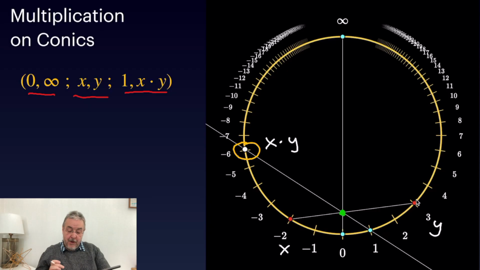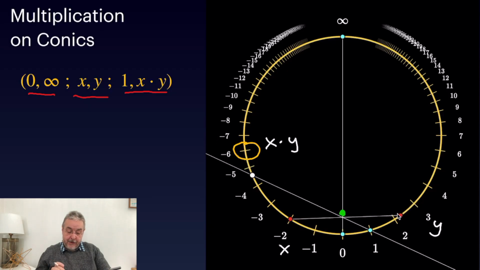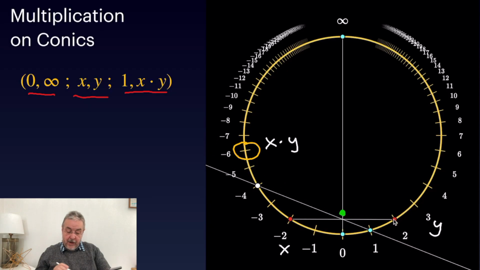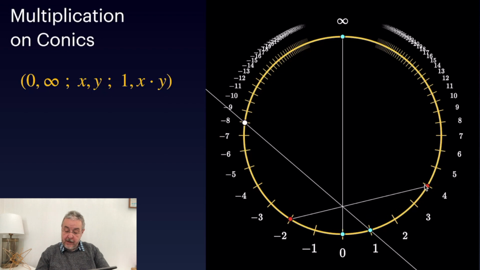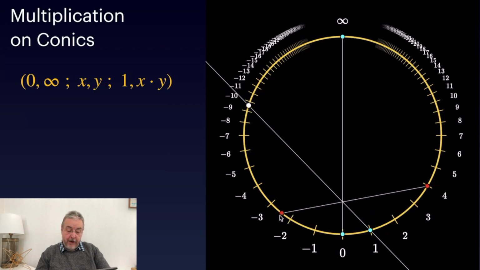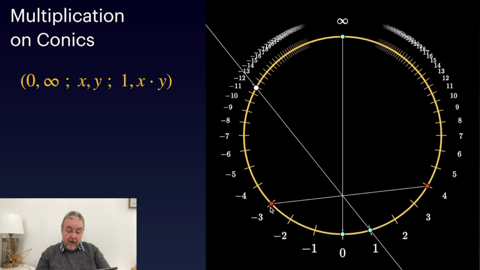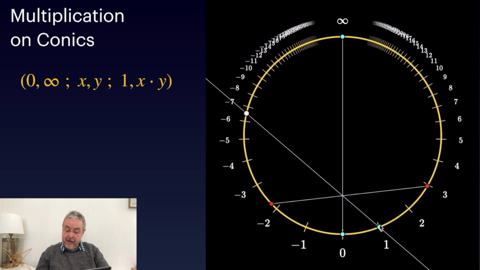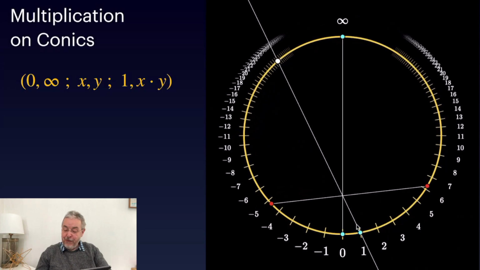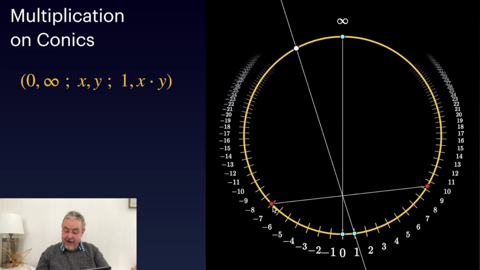Let me give you a few more examples. So here you see 2 times -2 is 4, and in the next example you see that -2 times 4 is -8, or -3 times 4 is -12, and it may happen that things become really narrow, and then you can still move your projective scale and work with that.